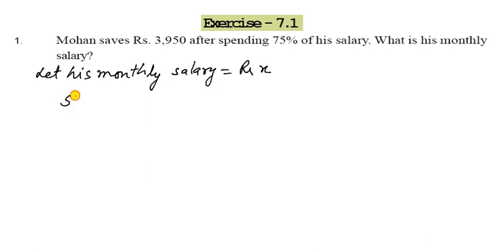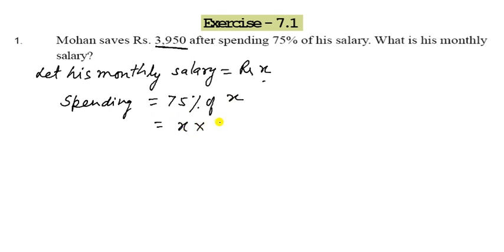Now you can consider spending is equal to 75% of how much, the salary. So 75% of X. So you can say it is X into 75 upon 100.